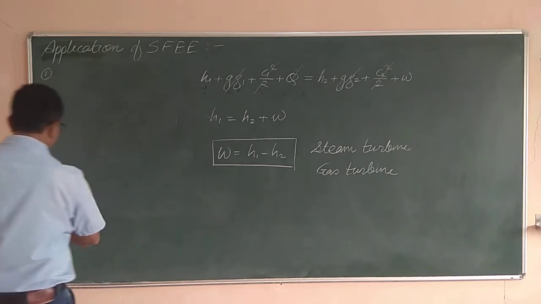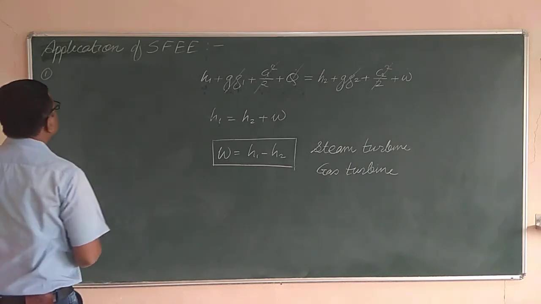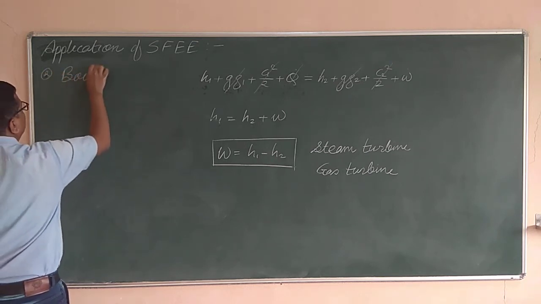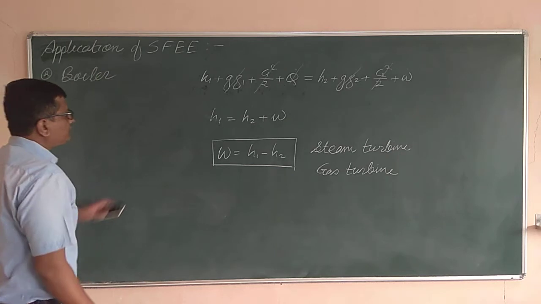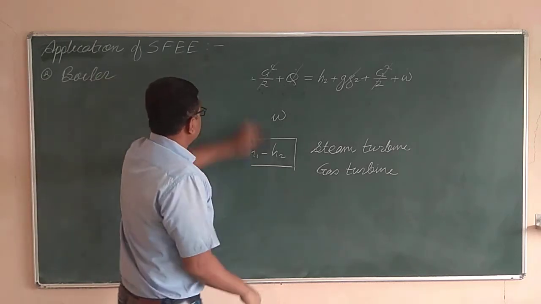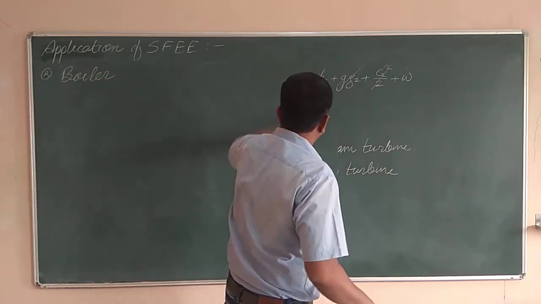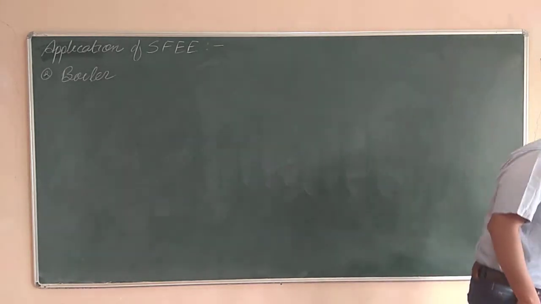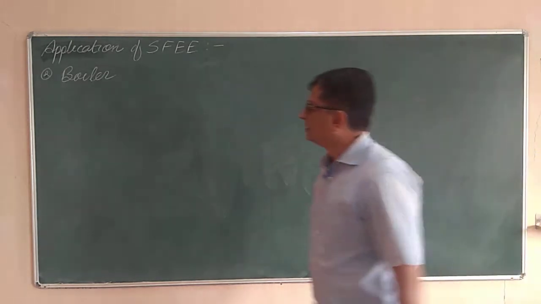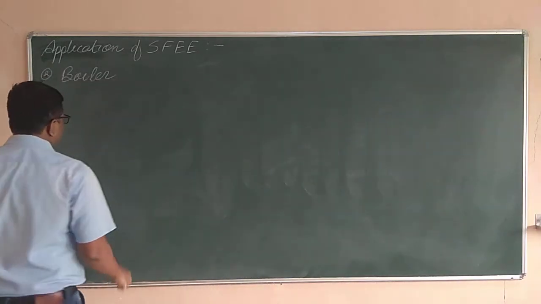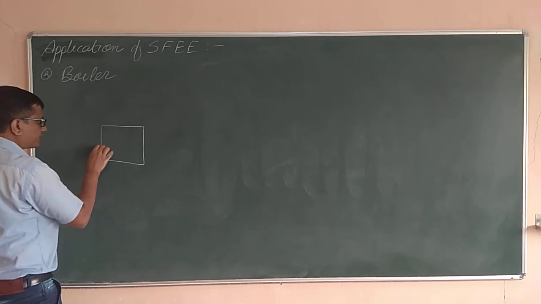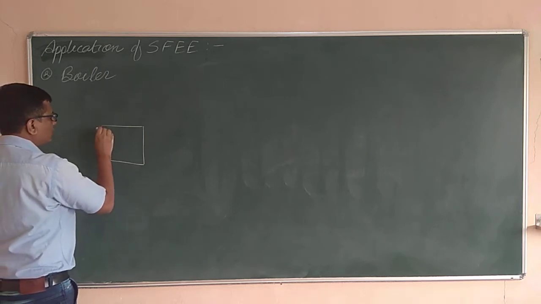The application of the steady flow energy equation to another device, say number 2, the boiler. Now all of you know, a boiler is a device which has water in it.